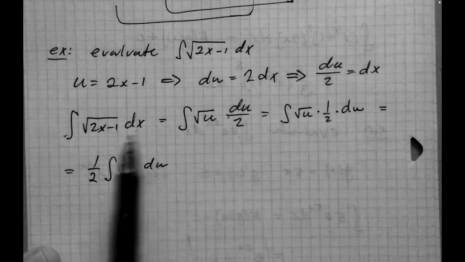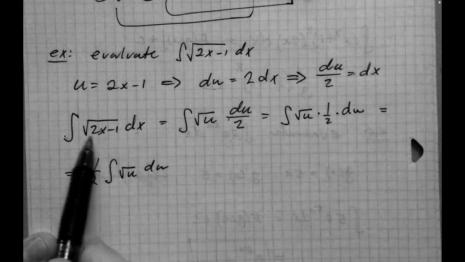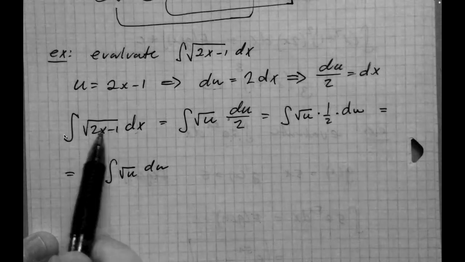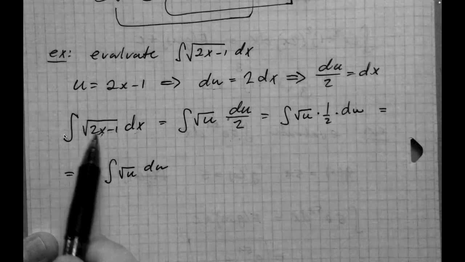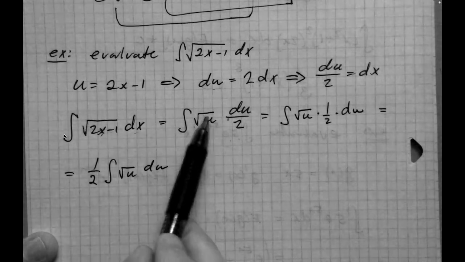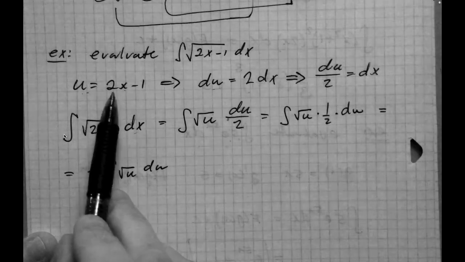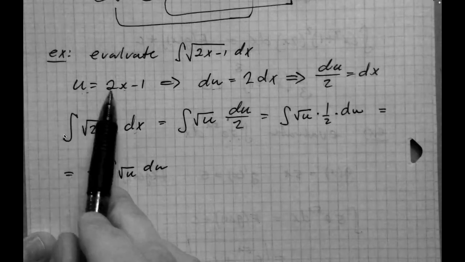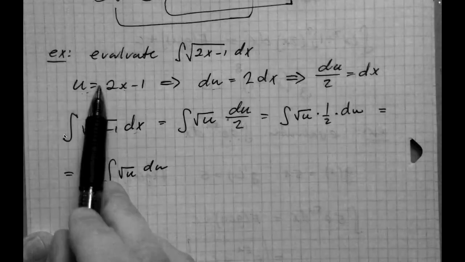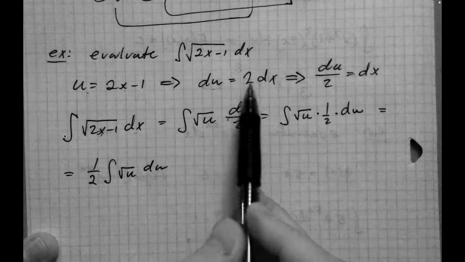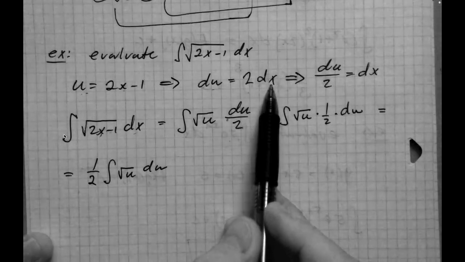Important to notice here, all I've done is I started with this integral with this integrand, and instead of the square root of 2x minus 1, I plug in the square root of u, right? That's just because I've chosen 2x minus 1 as my g of x, and so u equals 2x minus 1. That implies that du, the derivative of u, is equal to 2 times dx.